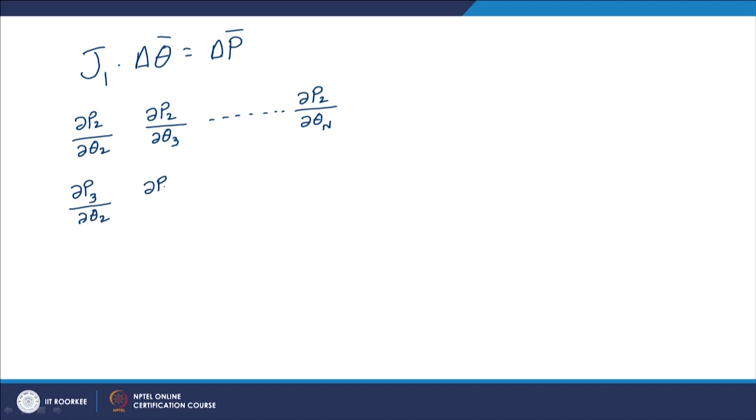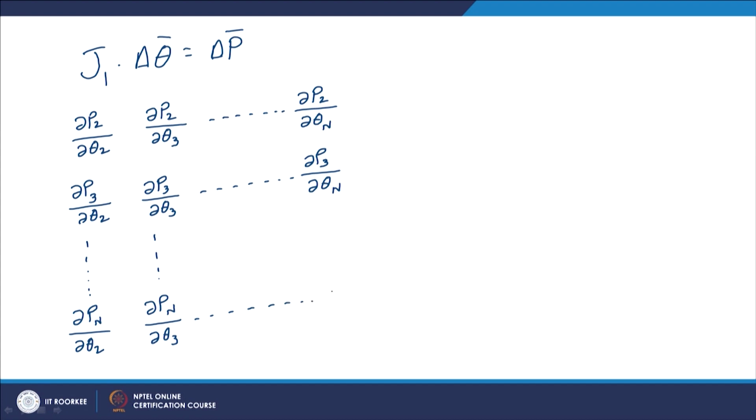If we expand this, we know that del P2 by del theta 2, del P2 by del theta 3 dot del P2 by del theta n, then del P3 by del theta 2, del P3 by del theta 3, then del P3 by del theta n, dot, del Pn by del theta 2, del Pn by del theta 3, dot, then del Pn by del theta n.